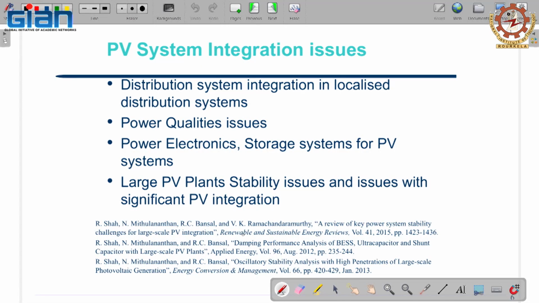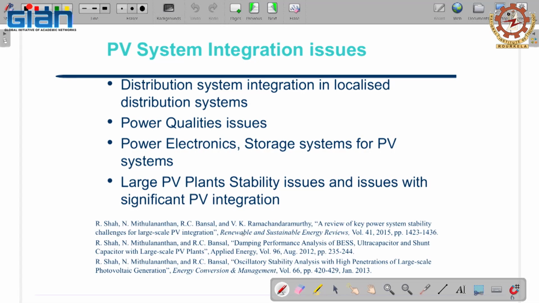The first paper is a very nice review paper discussing the key power system stability issues for large scale PV integration. It has attracted a large number of citations.